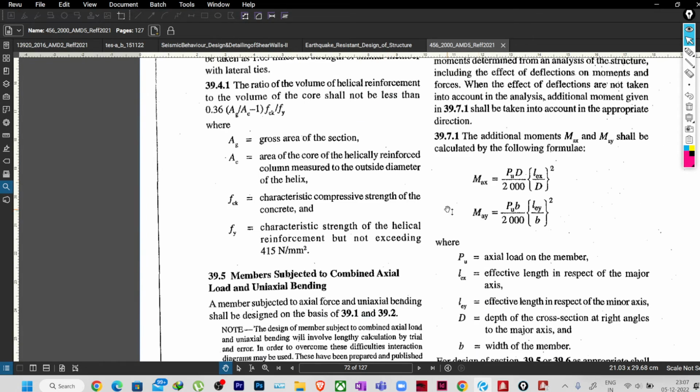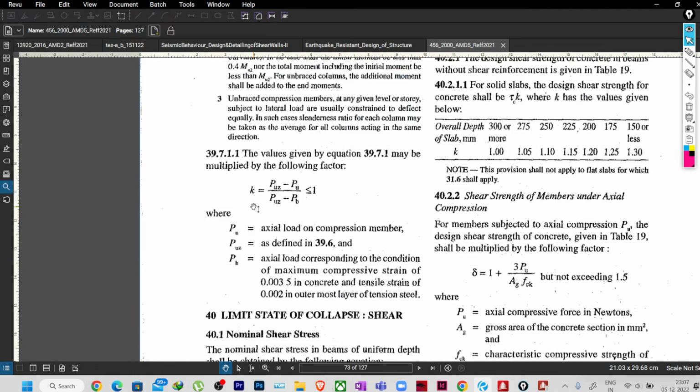This is the additional moment that we get whenever we have the slenderness effect. Now if you see 39.7.1.1, it says the values given by equation 39.7.1 may be multiplied by the following factor K. This K we can find out using PUZ minus PU. I have already explained how we need to find out the PUZ, but I have not explained how we need to find out this PB.